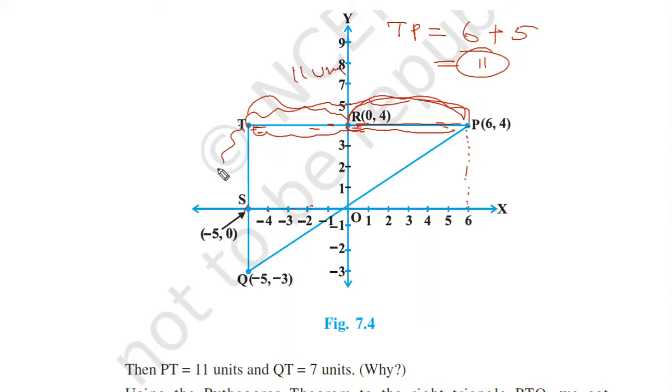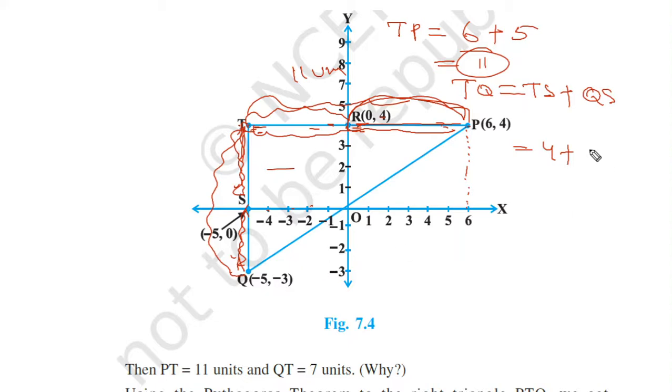Now similarly, we can find this length, TQ. TQ is equal to TS plus QS. Length of TS, you can clearly see here, the y coordinate is 4, therefore TS is 4, plus here the y coordinate is minus 3.